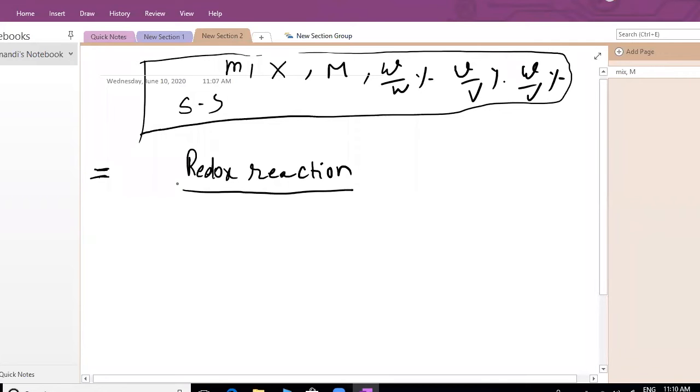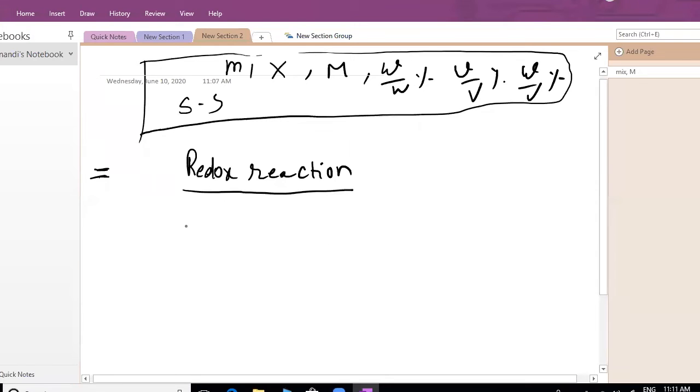When oxidation and reduction occur simultaneously in a reaction, it is called a redox reaction. When oxidation and reduction occur simultaneously in the reaction, it is called a redox reaction.